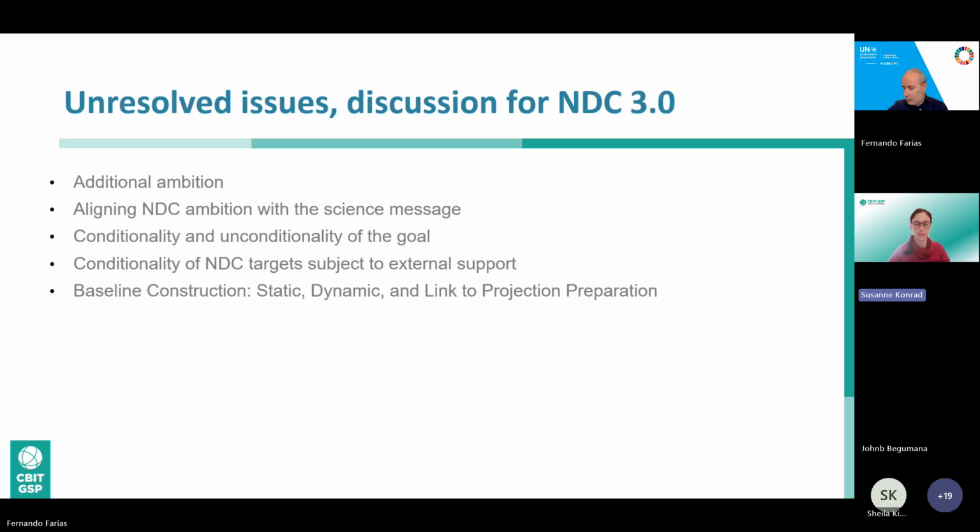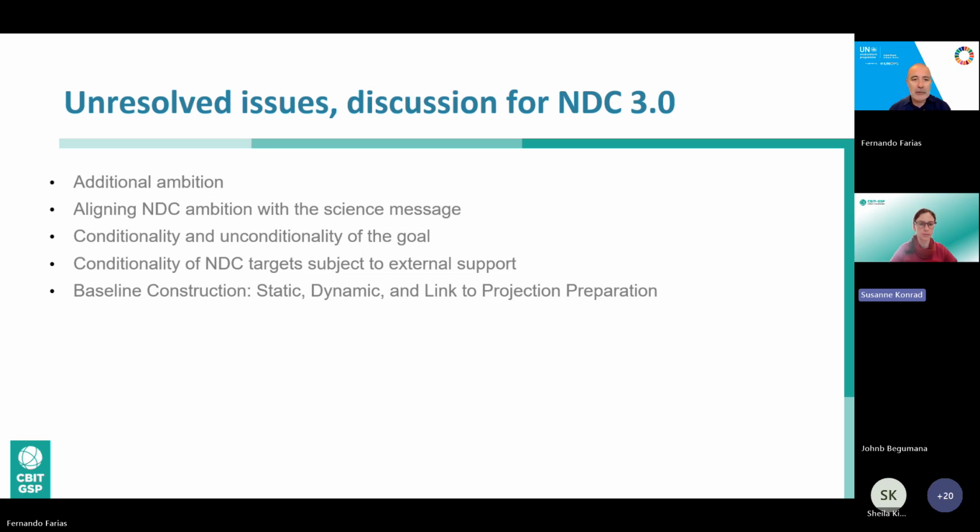Finally, I wanted to provide some elements for discussion. Although this process has been very useful in providing clarity on a number of elements, in my personal opinion there are elements that still need more discussion.